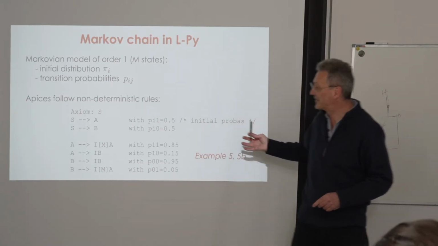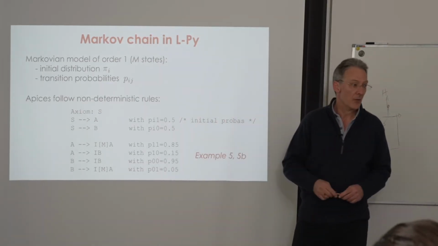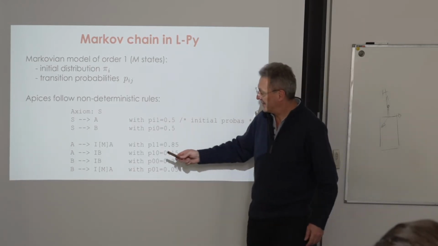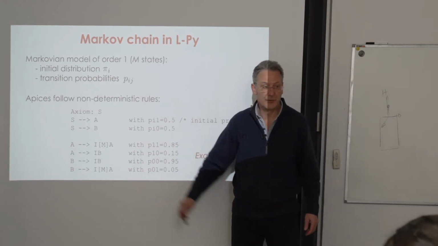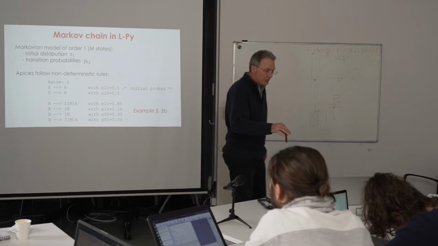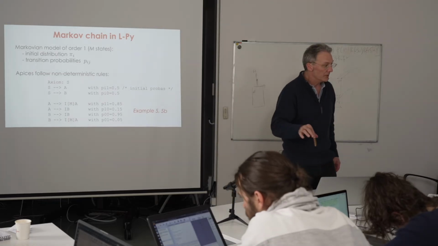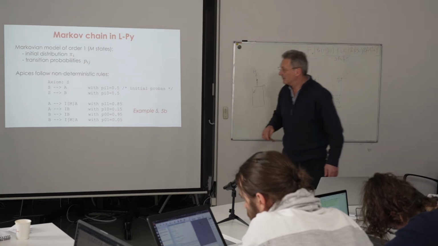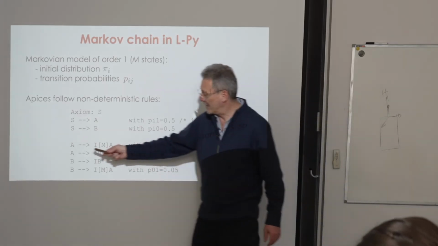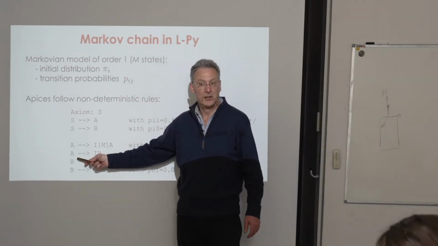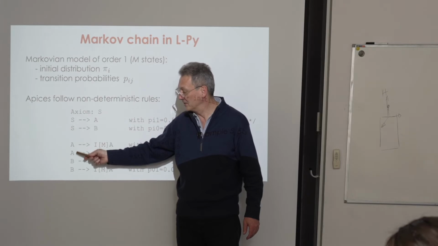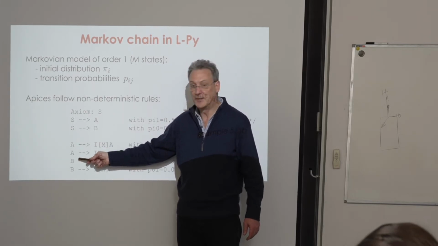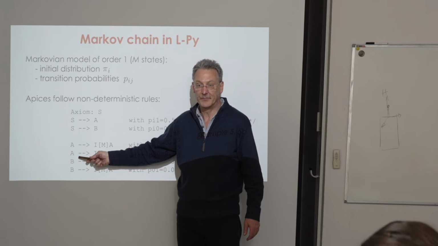So I schematized what occurs here. Let's look at the production rule. Now we enter the domain of non-deterministic L systems, meaning that I will have different rules to rewrite the different symbols or modules in the system.